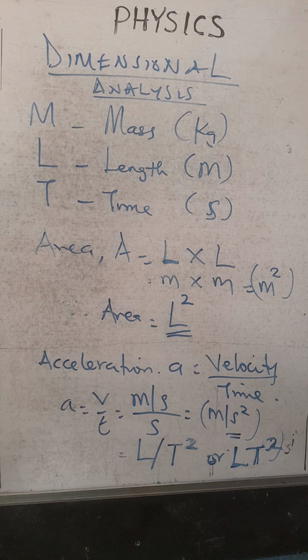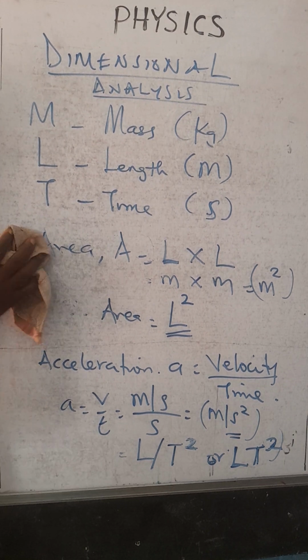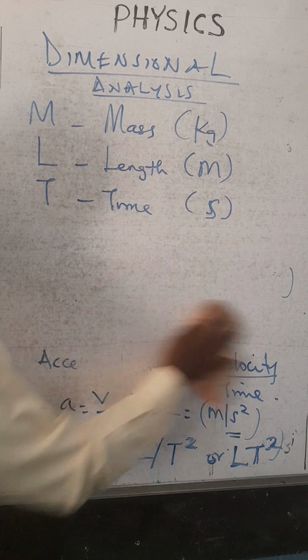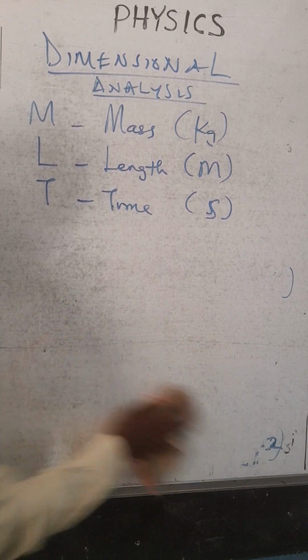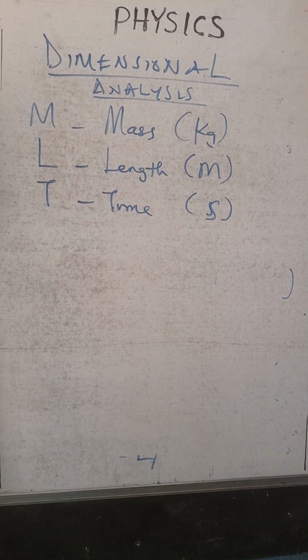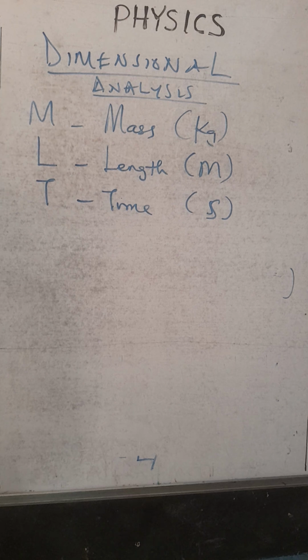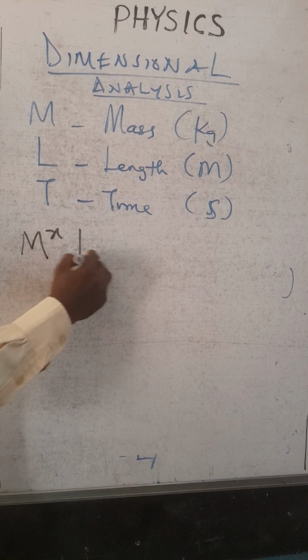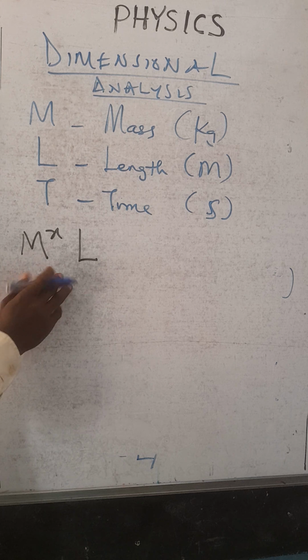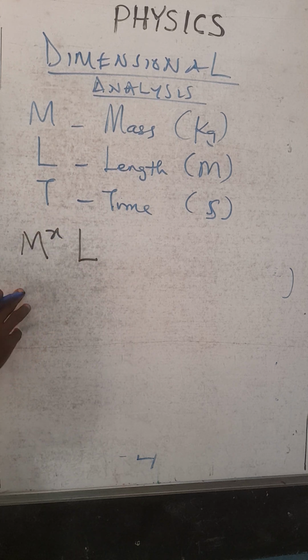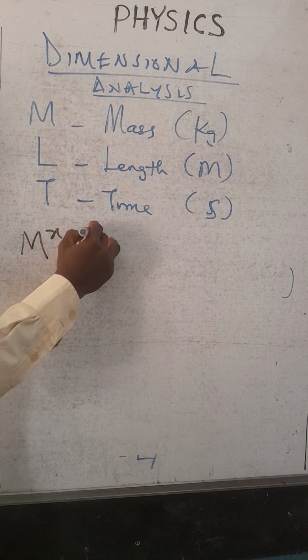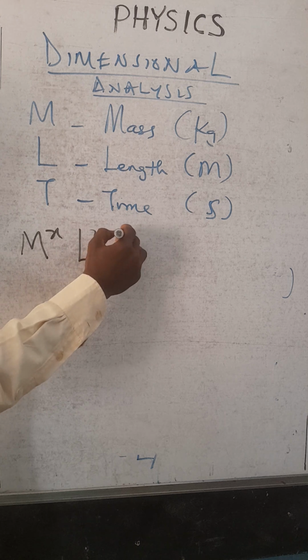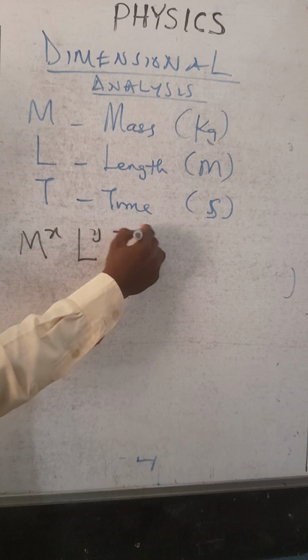If a question is given to find the dimension of pressure using this notation M, L, T, this is a typical WAEC question. M raised to power x, L raised to power y, and T raised to power z.